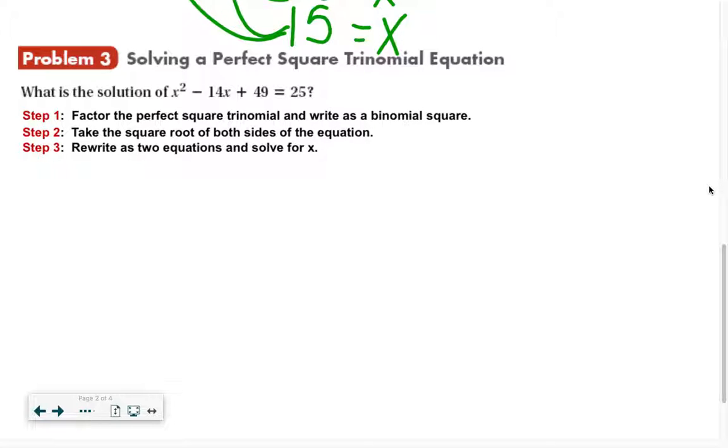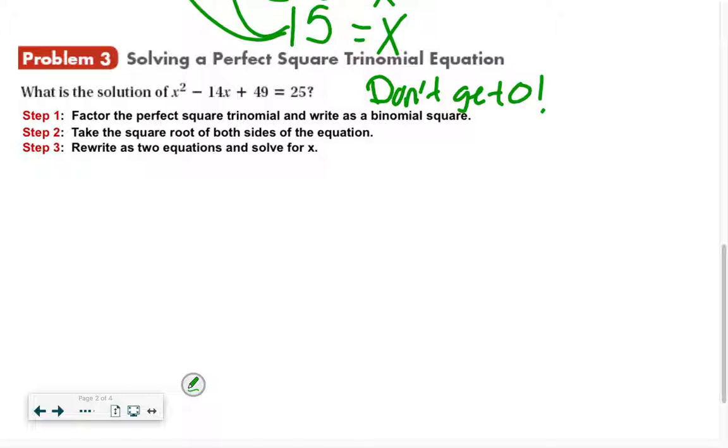It's just fancy words for factor x squared minus 14x plus 49. The only thing that's different about this is we don't get 0. So leave the 25 there, okay? Don't get 0 like we did before.